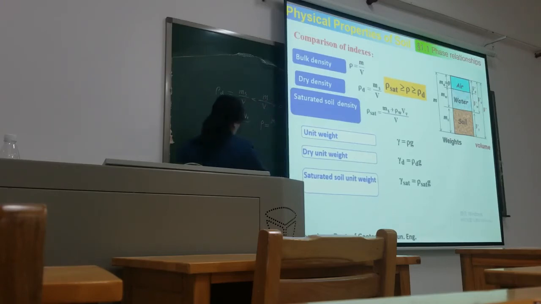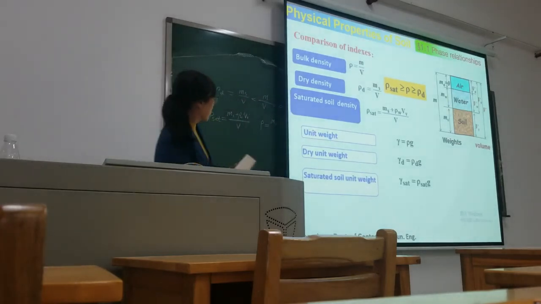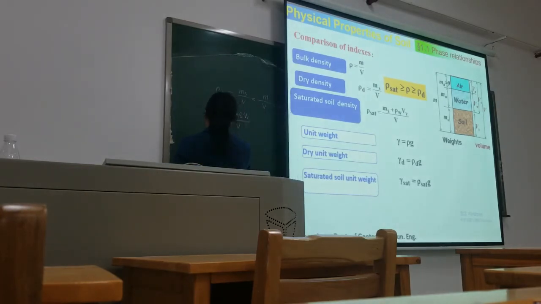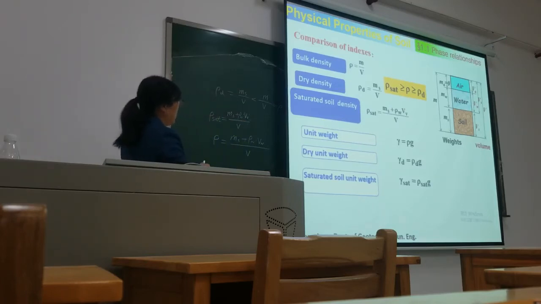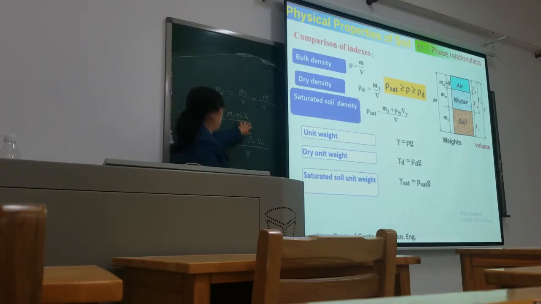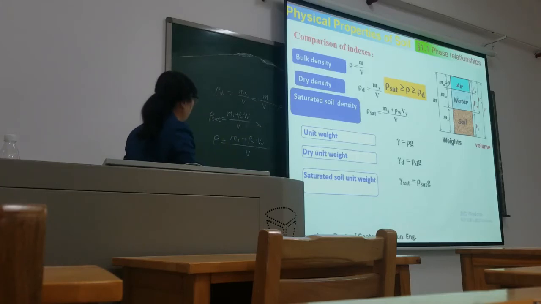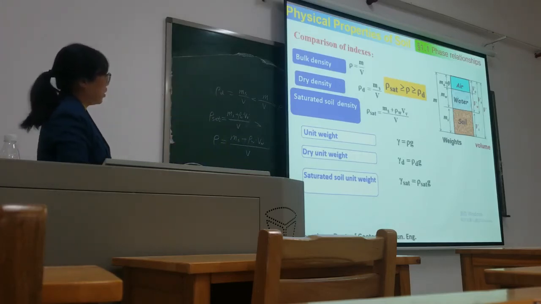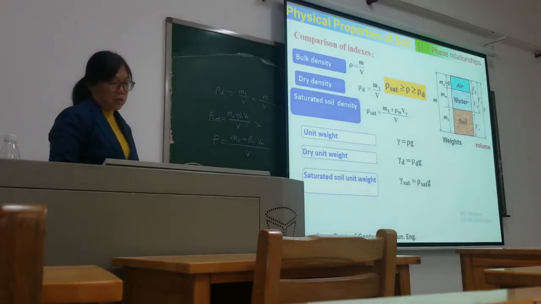Here, W less than the void, one void, okay? So the saturated soil density is more than bulk density.